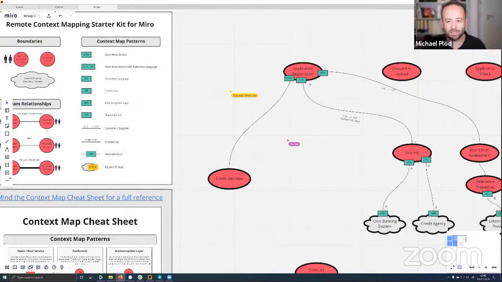Everything sucks. It's all horrible." And we started drawing a context map in order to find out what's going on. And we found out there is one open host service. One team provided an open host service. They were the upstream. They had, I think, 5 or 6 teams in the downstream who all had anti-corruption layers against the open host service.